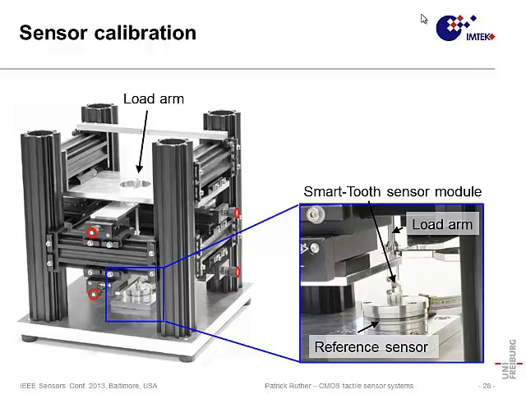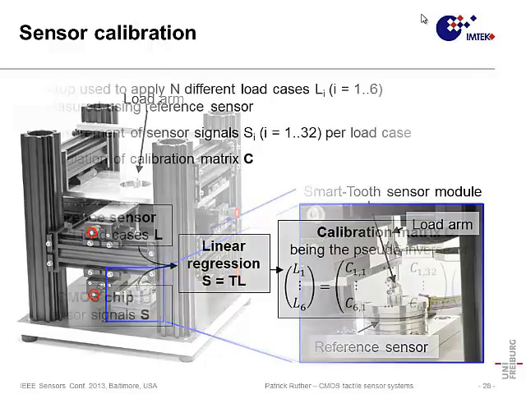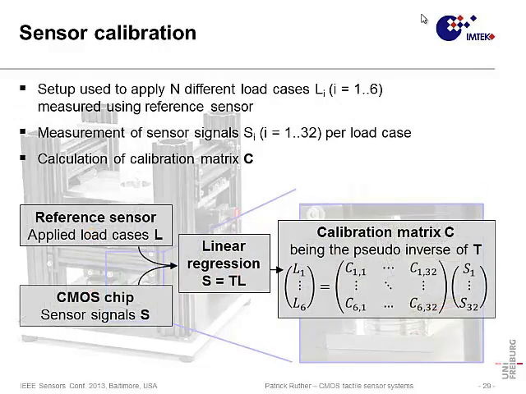So this is the reference sensor, and here is the smart tooth sensor module. Doing that, we perform these calibration measurements, and typically this is done in a way that we apply a certain number of different load cases, and we measure the forces and moments provided by the reference sensor.